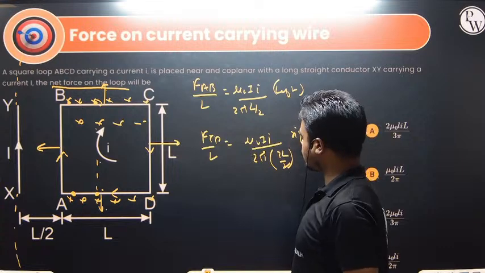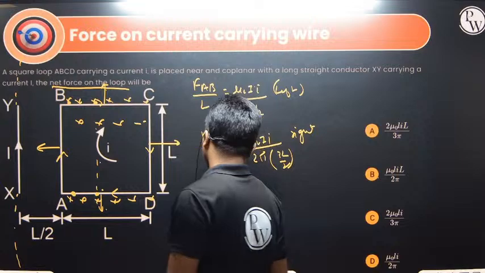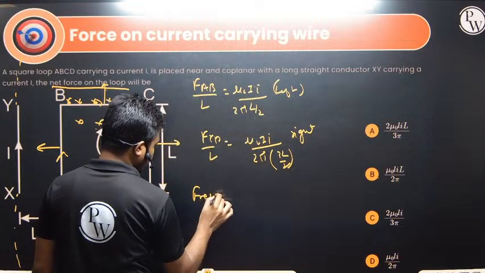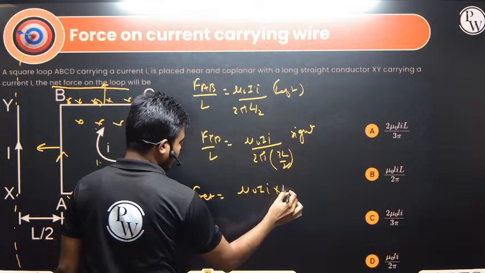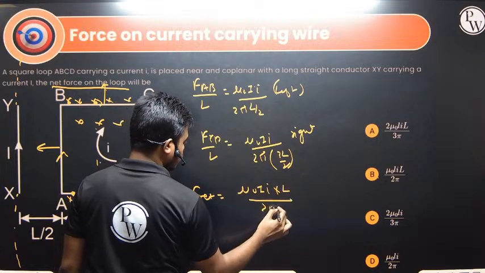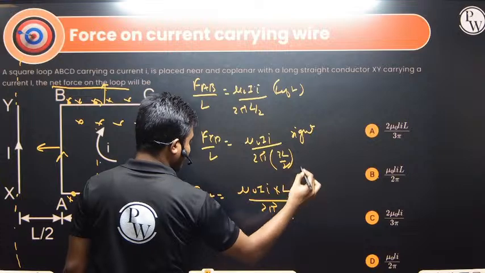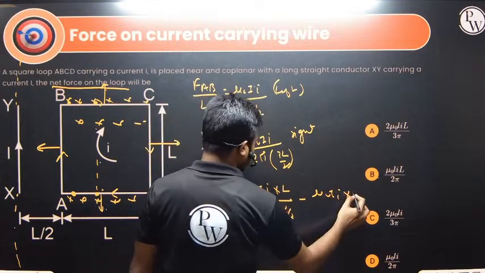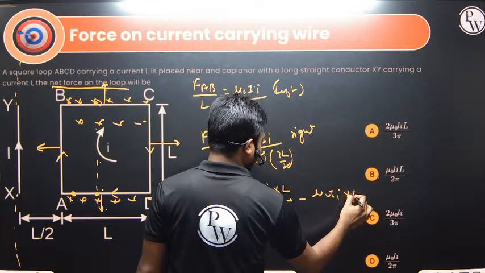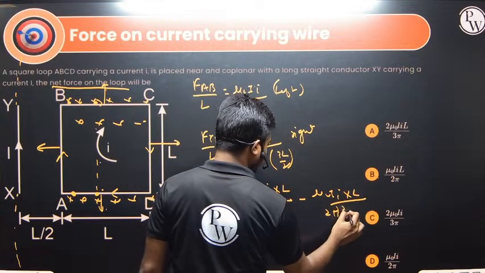What do we have to write? Multiplying by L, the net force will be this minus this. So mu naught I into small i into L divided by 2 pi L by 2, minus mu naught I into small i into L divided by 2 pi into 3L by 2.